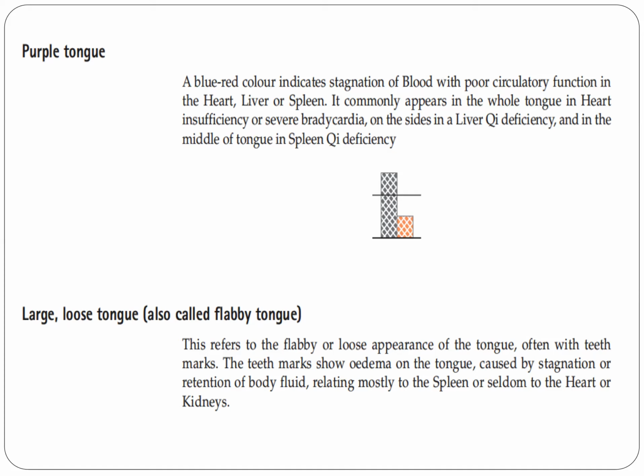Next is the large loose tongue, also called flabby tongue. This refers to the flabby or loose appearance of the tongue, often with teeth marks. The teeth marks show edema on the tongue caused by stagnation or retention of body fluid, relating mostly to the spleen or seldom to the heart or kidneys.